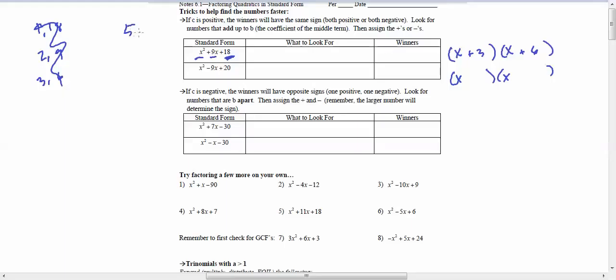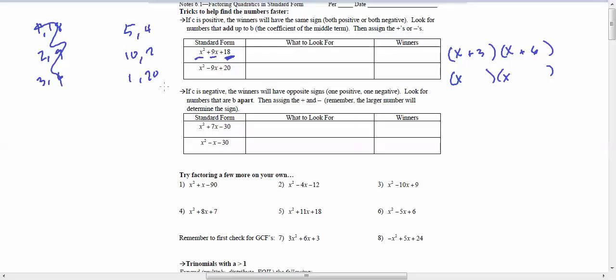5 and 4. 10 and 2. 1 and 20. Perfect. Which one of these can I combine using addition and subtraction in any possible way to make the number 9? 5 and 4.